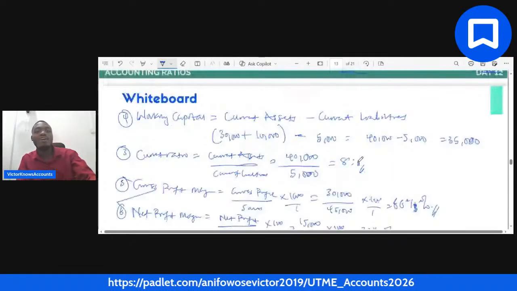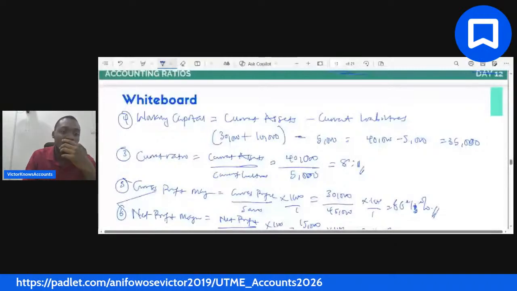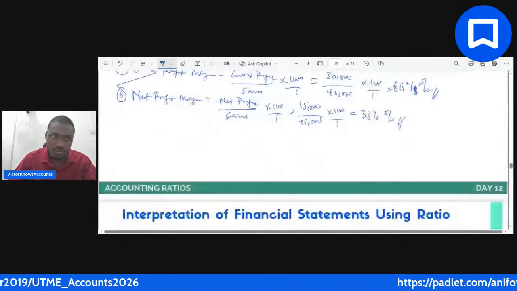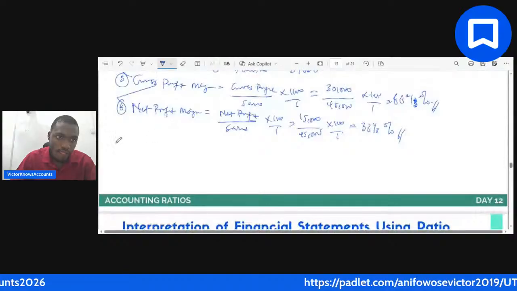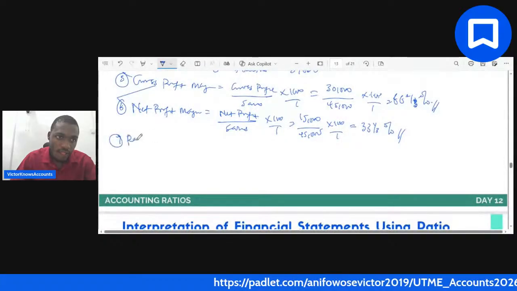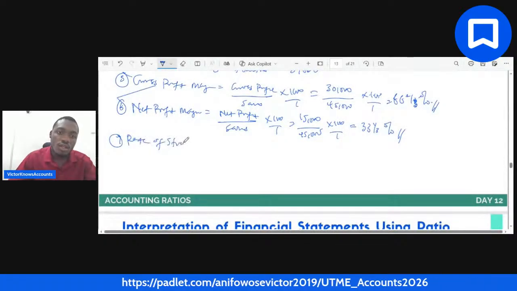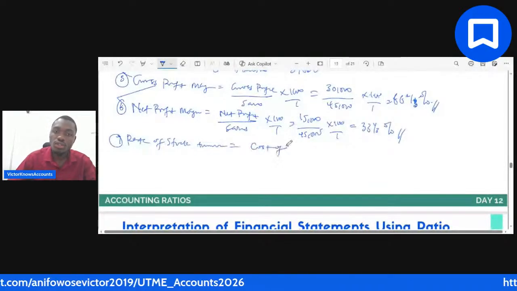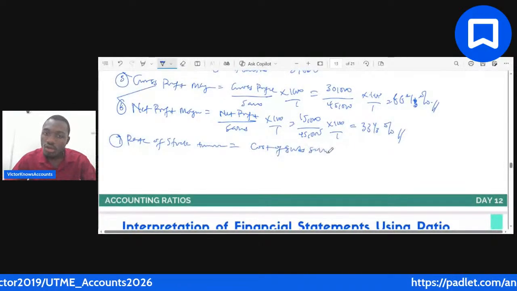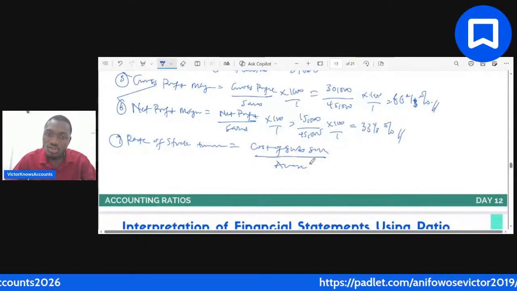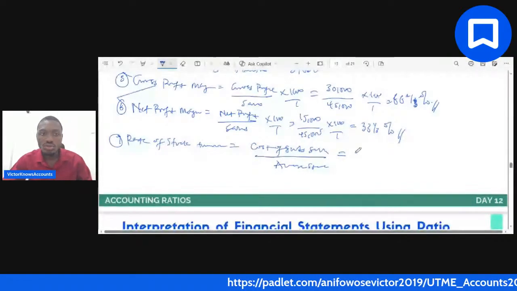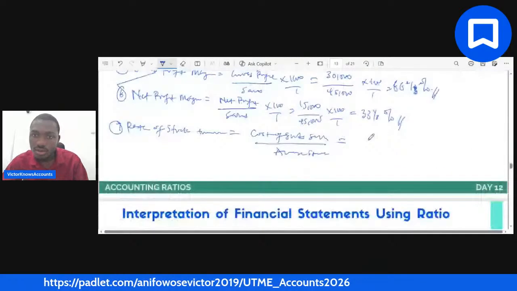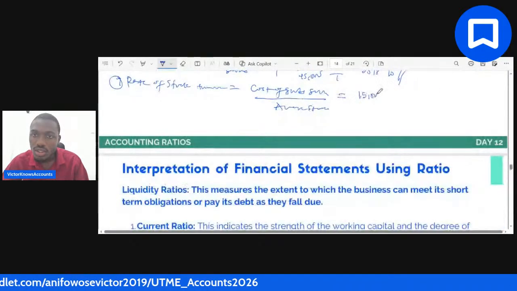Then don't forget, they told us to calculate rate of stock turnover. Your rate of stock turnover equals cost of goods sold over average stock. What's our cost of goods sold? 15,000, divided by average stock.